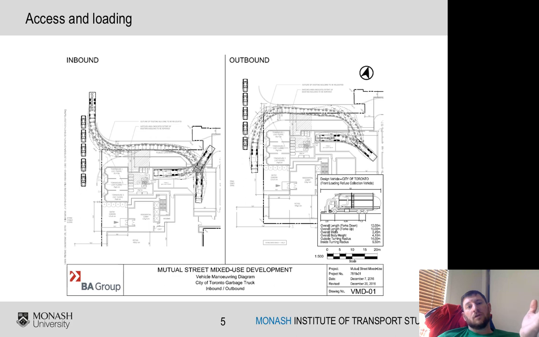So here's an example from, again, a site in Toronto that I think I worked on, where you're actually trying to get the garbage truck in and out of this site.